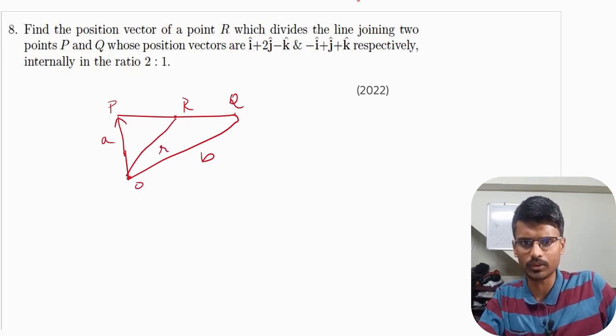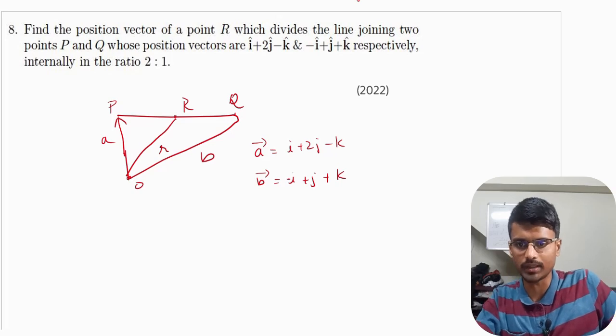Vector A is i plus 2j minus k, and B is minus i plus j plus k. The formula that we know is (mb plus na) by (m plus n).